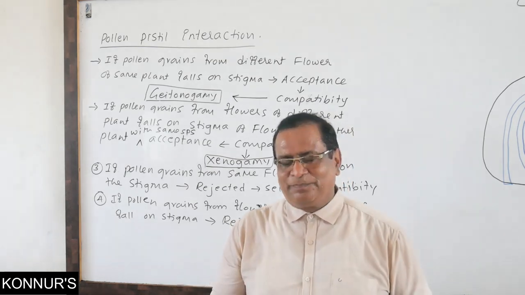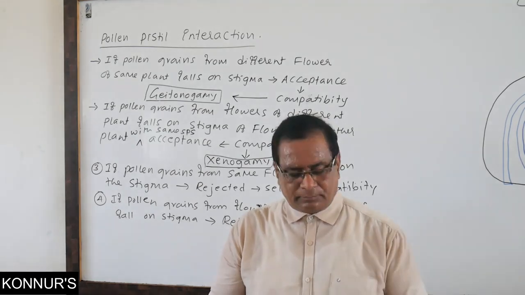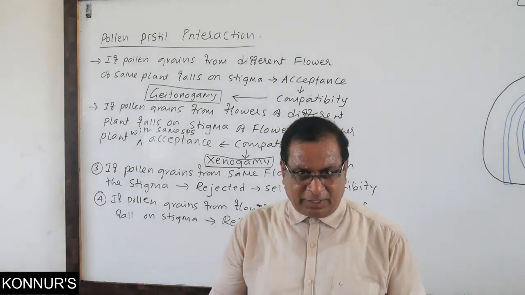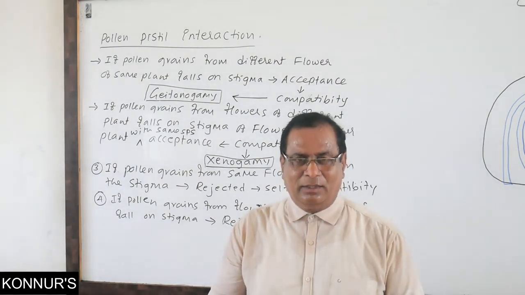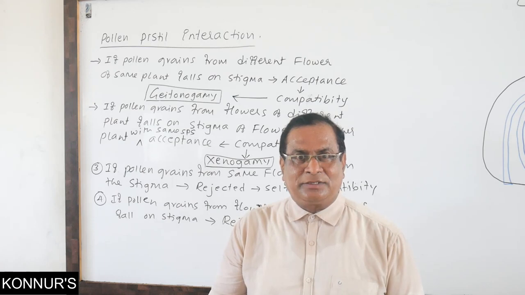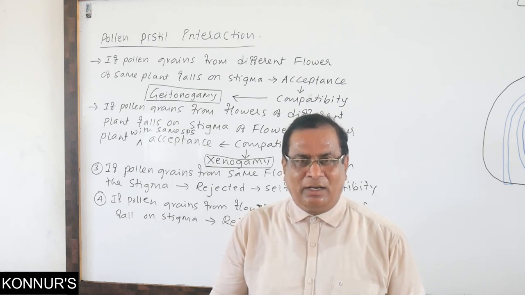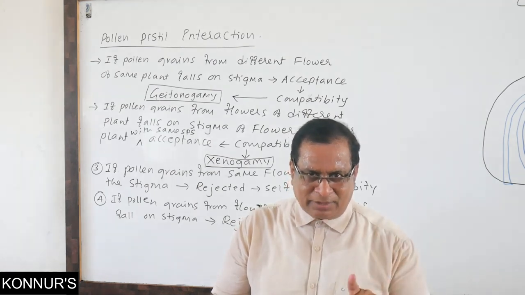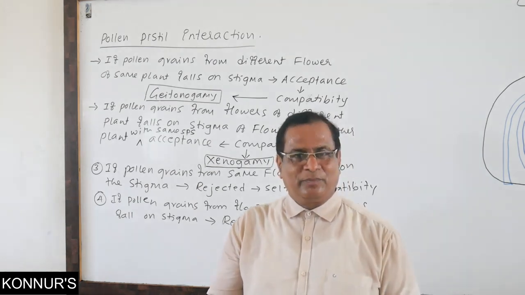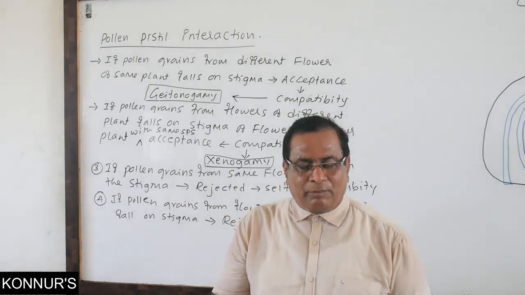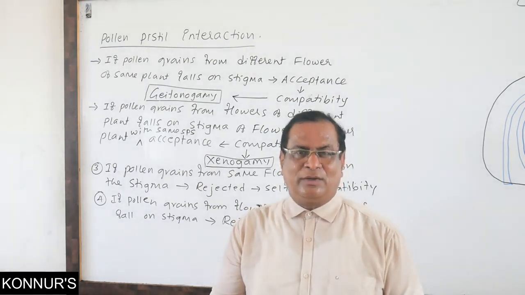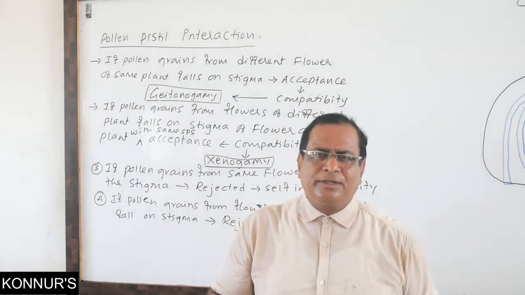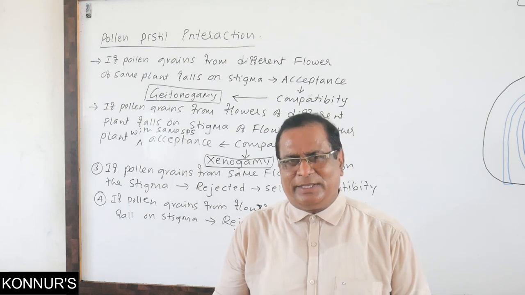And another one, in case by the chemical secretion of that pollen grain on the stigma, it identifies, yes, it is a pollen grain from a different flower of the same plant, acceptance. And by the chemical secretion, it will come to know, yes, it's a pollen grain from no doubt another plant but belonging to the same species.